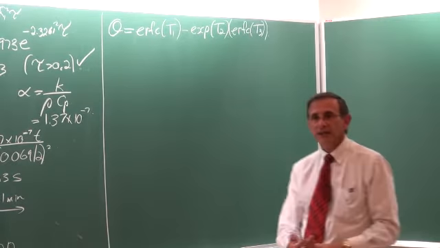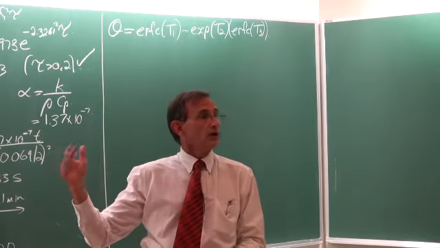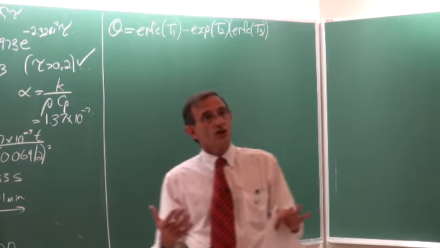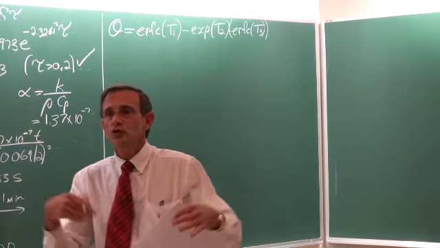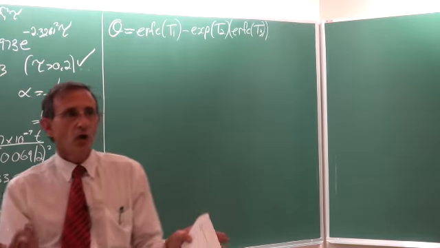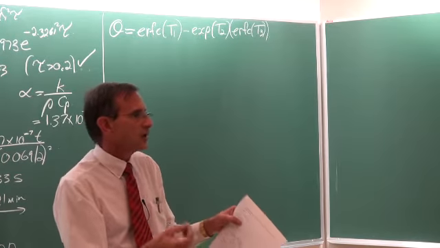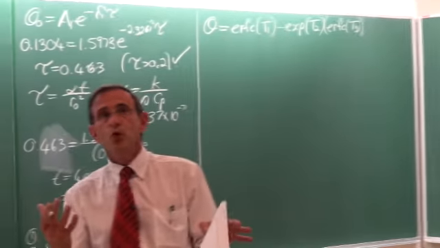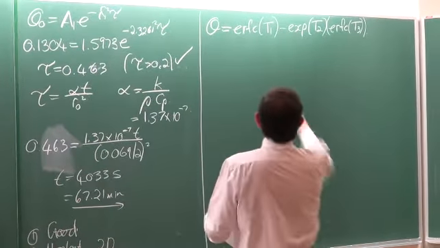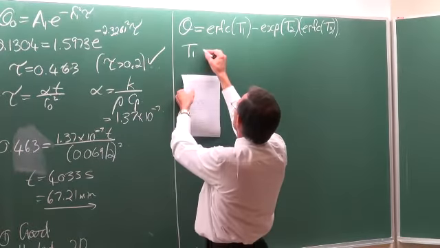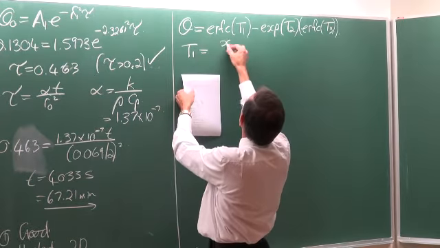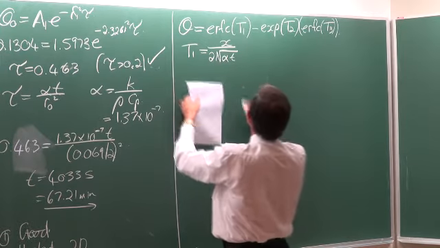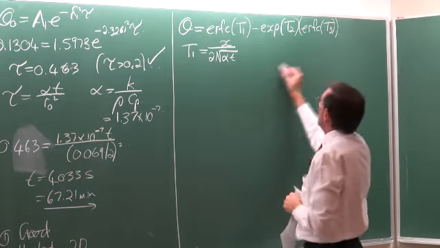Now, the best advice I can give you, and there are going to be many examples in this course, is please do not just start doing number crunching. I want you to take a look at the relative size of the terms, because that is very important. So if we look at the different terms, the term T1 is equal to x divided by 2 times the square root of alpha t.